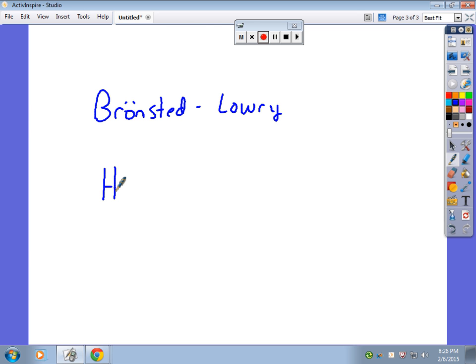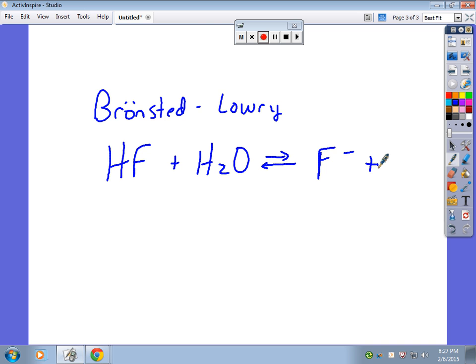Number 29. Pause this. Okay, now, it says in these following reactions, identify the acid, the base, the conjugate base, and the conjugate acid. So let's just go ahead and do this through an example. I'm going to go ahead and copy down HF plus H2O, double arrow, F- ion and the hydronium ion.